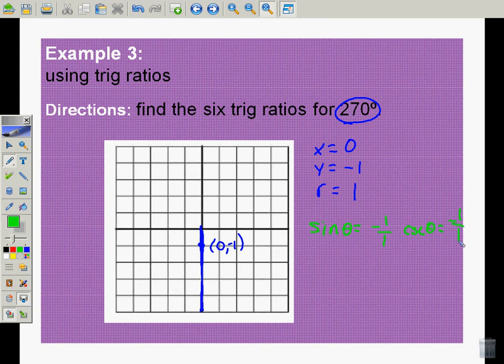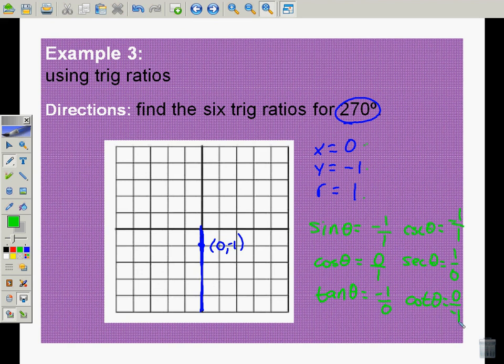Same thing. Cosine theta is equal to 0 over 1, x over r, and the secant is 1 over 0. The tangent is going to be negative 1, so y over x, so negative 1 over 0. And the cotangent is equal to 0 over negative 1.